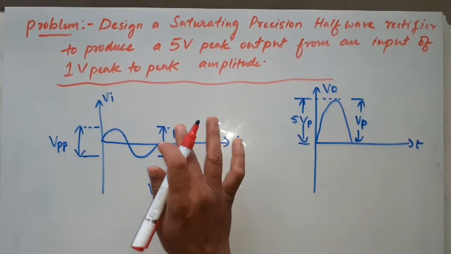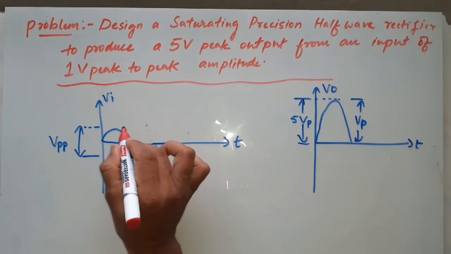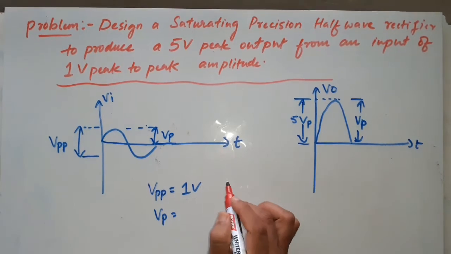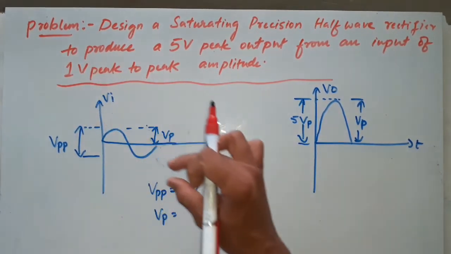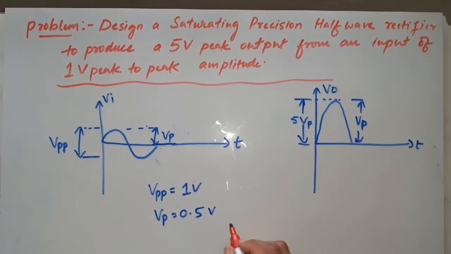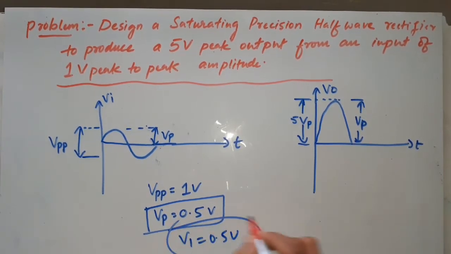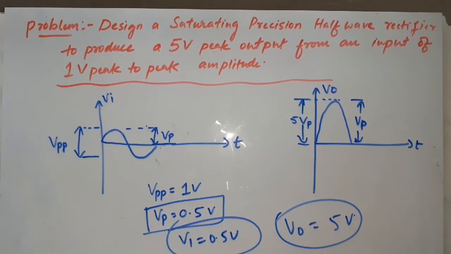Let me draw here. This is Vp. So if V peak to peak is 1 volt, Vp should be half of this, 0.5 volts. So this will be our input. Our input is going to be 0.5 volts and output is going to be 5 volts. Both of these are peaks.